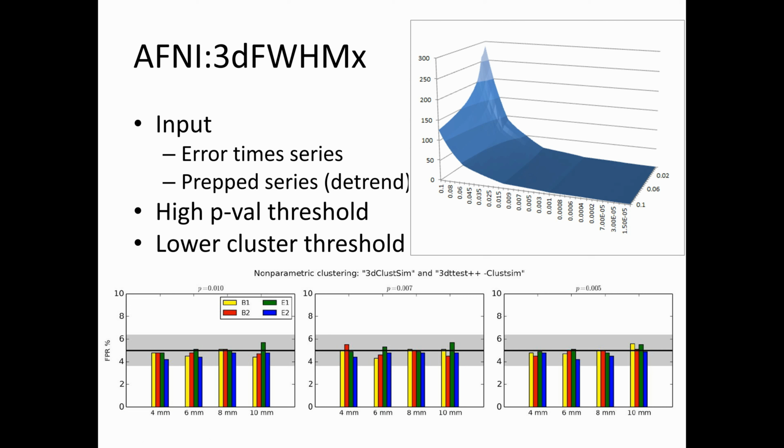Yeah? Can you just recap what the axes are on the plot? Oh, sure. Across this was the voxel-based threshold. Here is the cluster-based threshold. And in this representative data, this is the size of cluster on the Y, the up-down. And you can see that you get a rapid drop-off as that p-value changes.